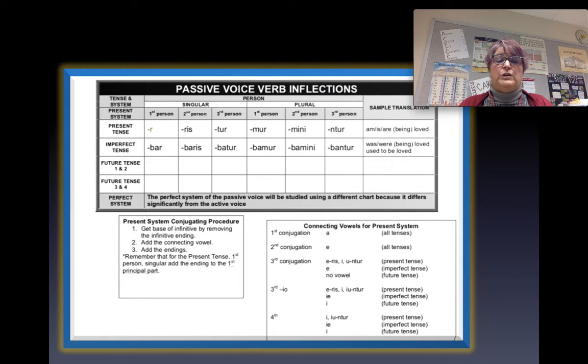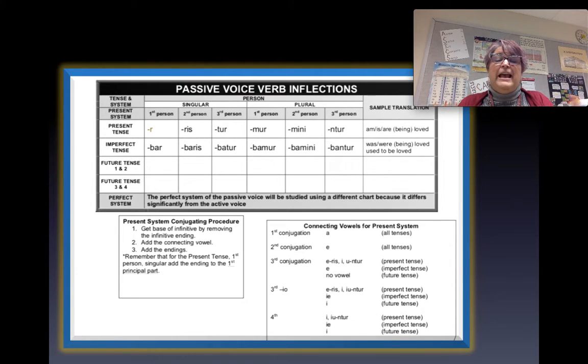And when we start to have endings like the imperfect tense endings, which have that consonant and vowel combination, the ba, in front of the pronoun subject ending, ar, ris, ter, mer, mini, ntur, it's important to understand the construction of the verb because you don't want to confuse the ba or the a after the b with part of the base of the verb or with a connecting vowel.